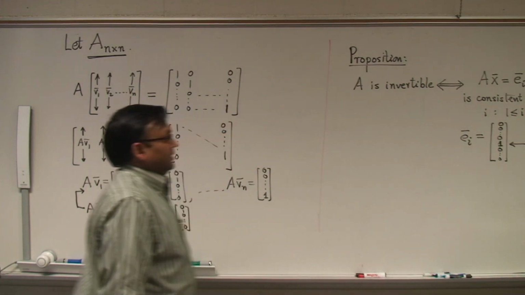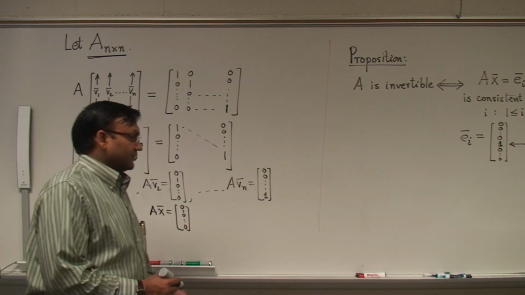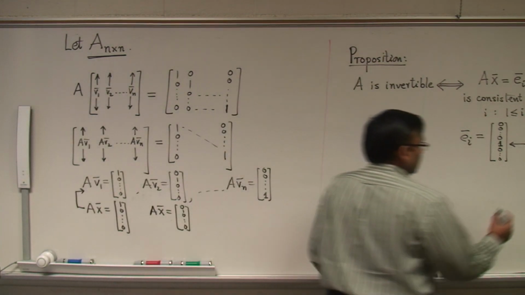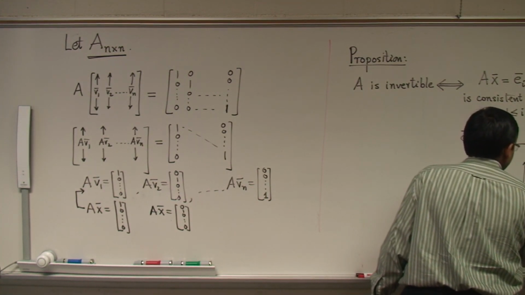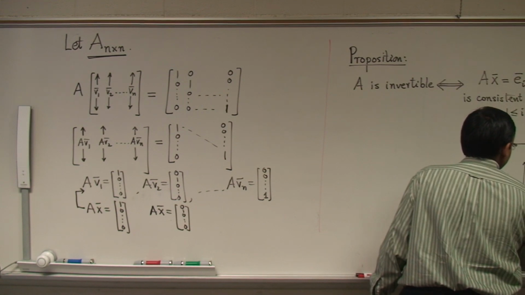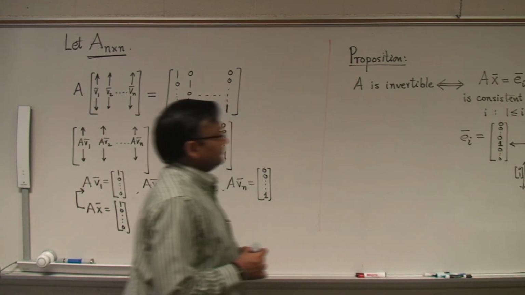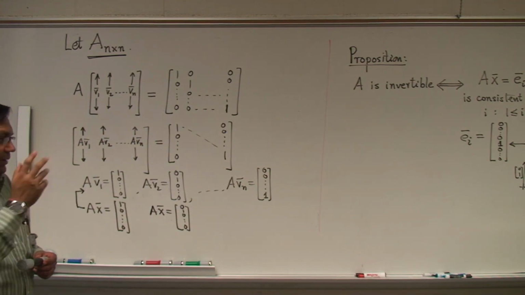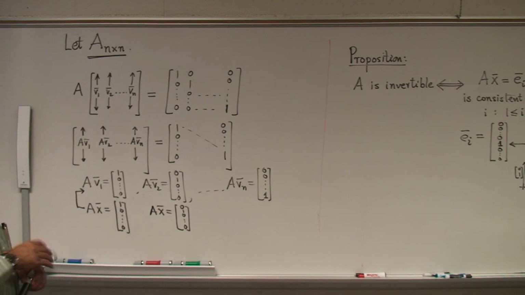Think of your x and y axis. You represent the x-axis as 1, 0, y-axis as 0, 1. So this is just basically the representation in n dimensions. So here is your x and y-axis. This direction we call the 1, 0 direction. This direction we generally call the 0, 1 direction. And if you are in 3 dimensions, you will have 1, 0, 0, 0, 1, 0, 0, 0, 1. So these are standard vectors in the respective dimensions.